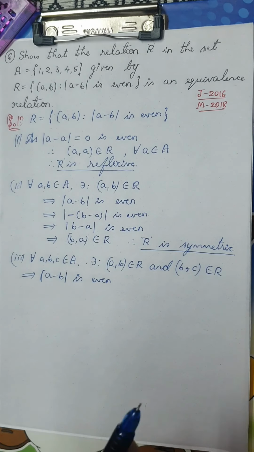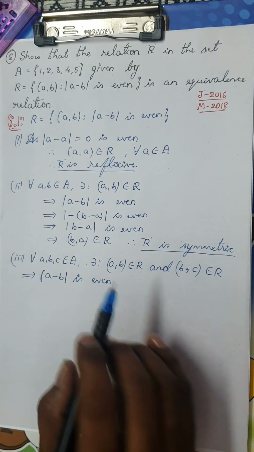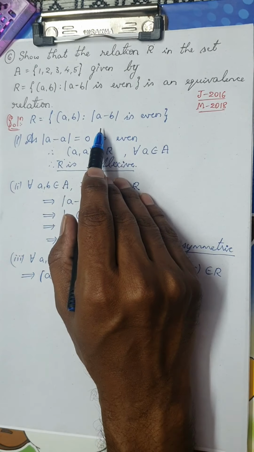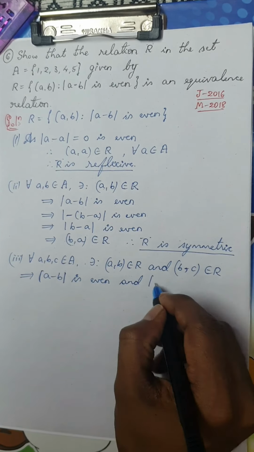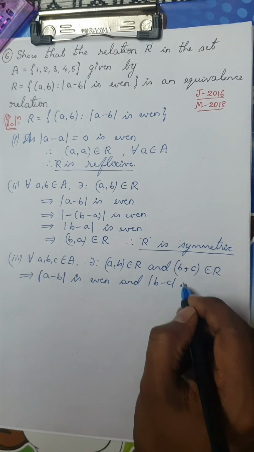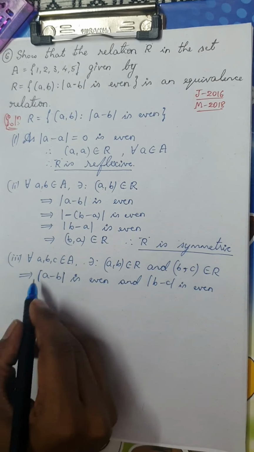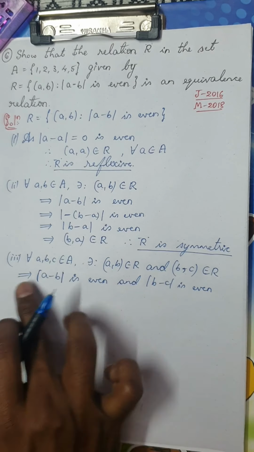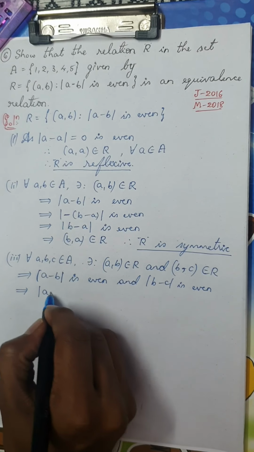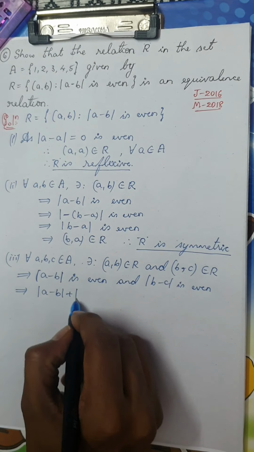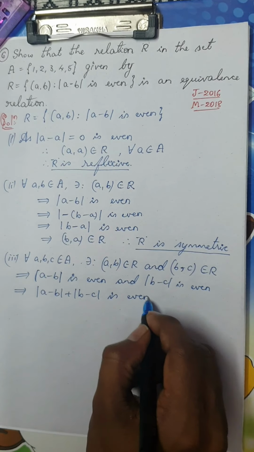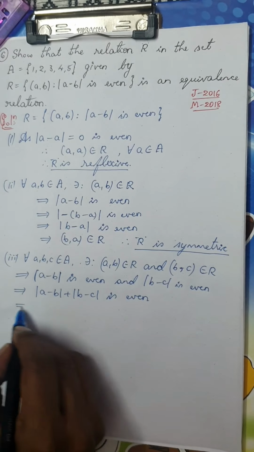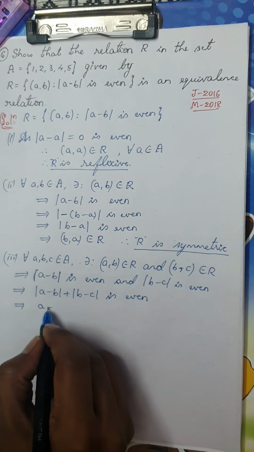Please don't take a bracket here because modulus is a modulus. You cannot take simply A minus B. So modulus of A minus B is even and modulus of B minus C is even. This will imply if 2 numbers are even, then if you add them, modulus of A minus B plus modulus of B minus C will also be even. So this will imply, let me take out the modulus now.